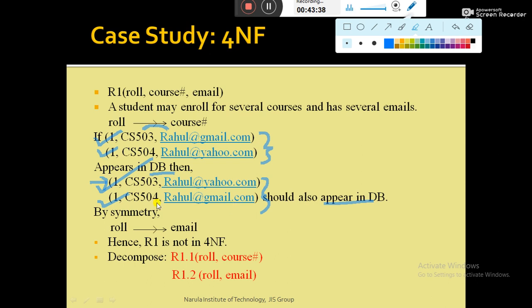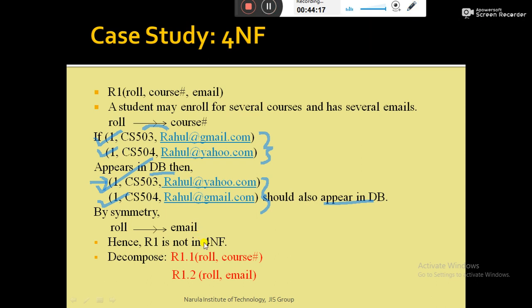So roll multi-determines course as well as roll multi-determines email, meaning in the relation R1 we have 1:n dependencies, and the multivalued attributes course and email have no dependency between them. So we can say that R1 is not in 4NF.